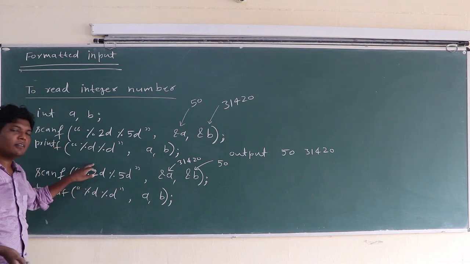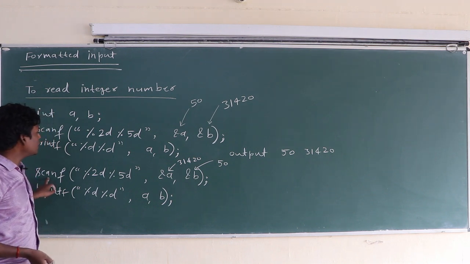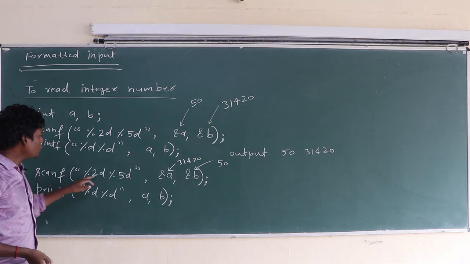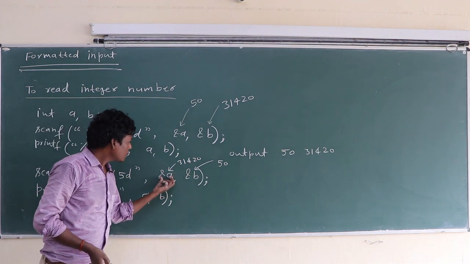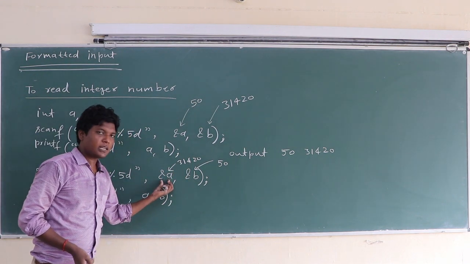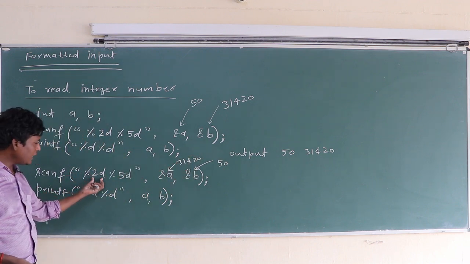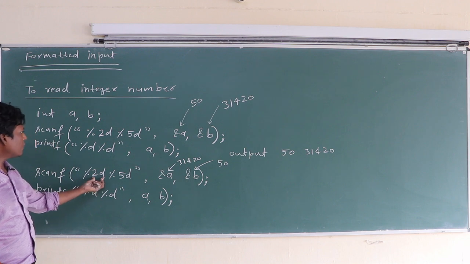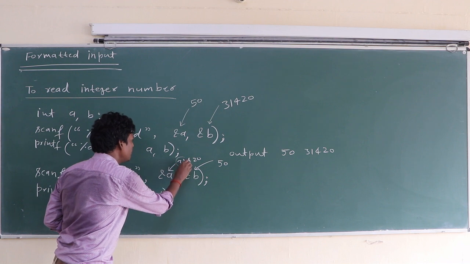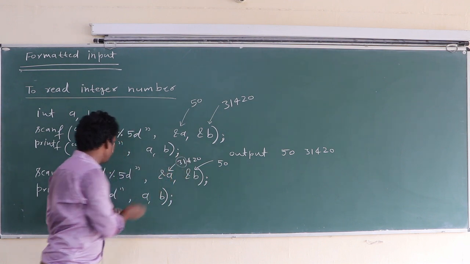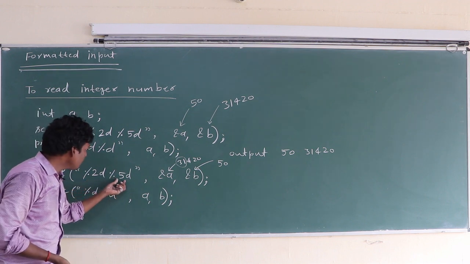You have mentioned the field width, so the scanf function only takes the number up to 2 digits. This %2d inputs into a. The number has 5 digits, but here is %2d, so scanf only receives the first 2 digits in a.